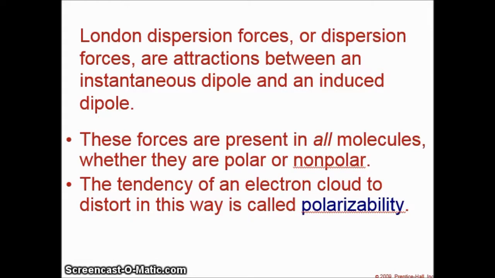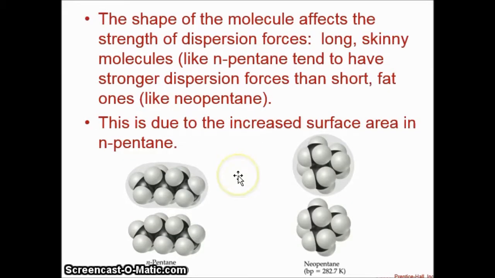The shape affects this dispersion force. With long, skinny molecules like this one here, with a lot of surface area, we can move the electrons more easily to one side, making the molecule polar. If you have short, fat, round molecules, it's harder to move the electrons to the other side, and harder to make this particular molecule act like a polar molecule.